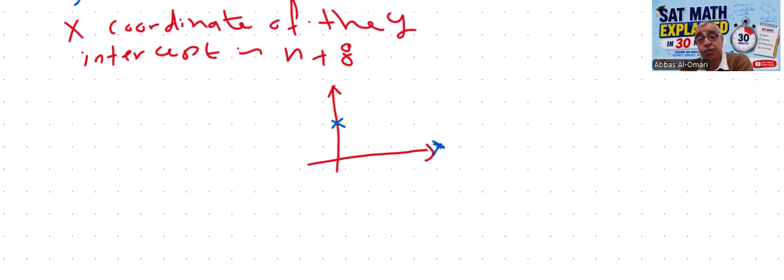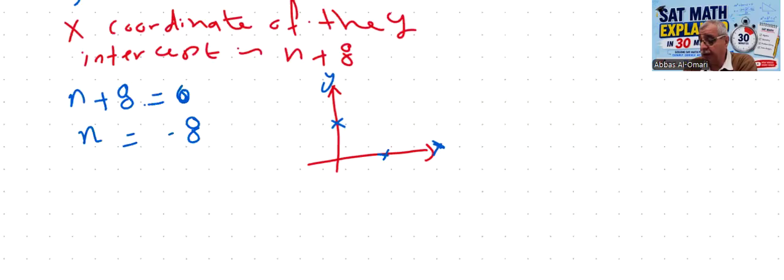So in this problem, n plus 8 equals 0. This means that n equals minus 8. So we got the value of n.